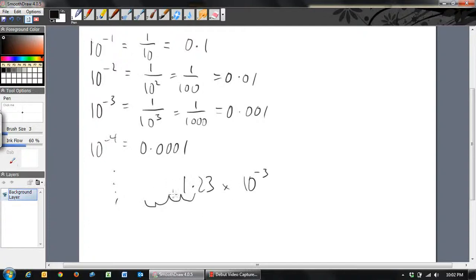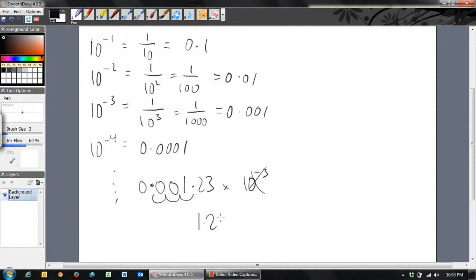In this particular example, what that negative 3 does is move the decimal place this way. It moves 1, 2, 3, jumps there, ends up there, and you'll just get zeros in between. So the actual number that this is equal to is 0.00123. But that's how scientific notation works.